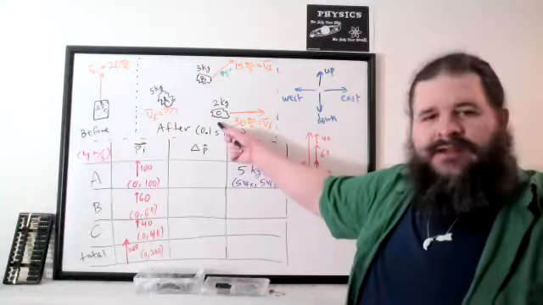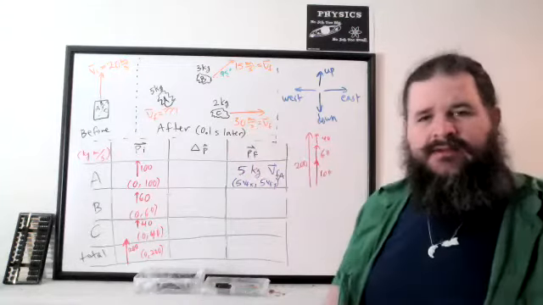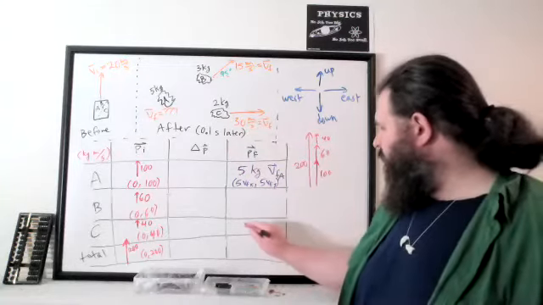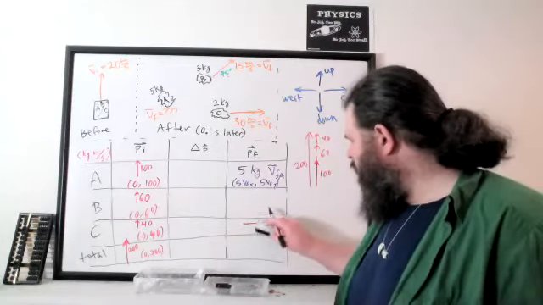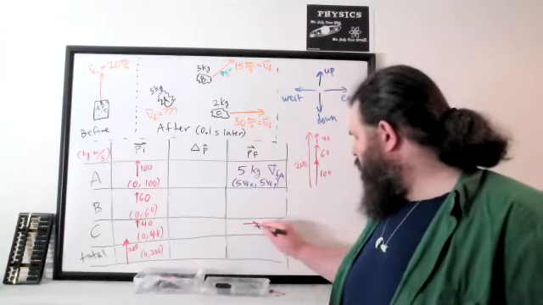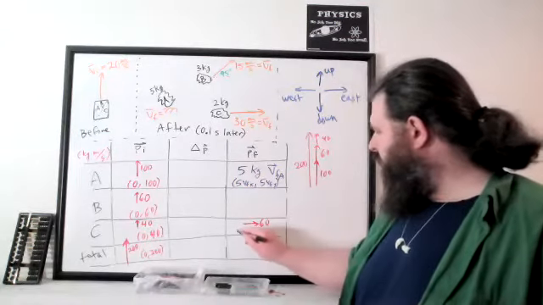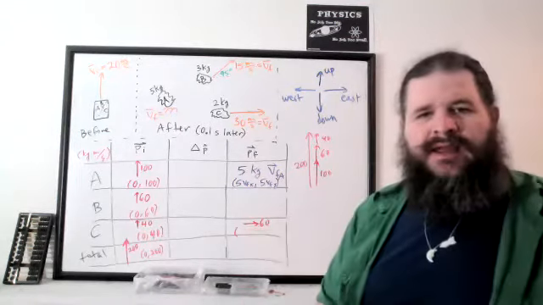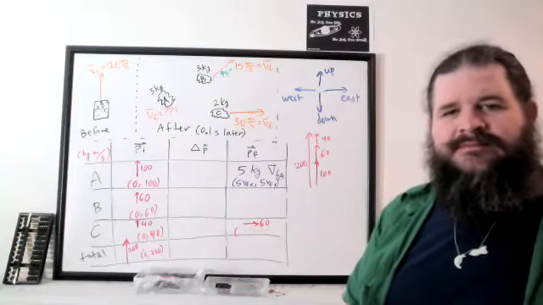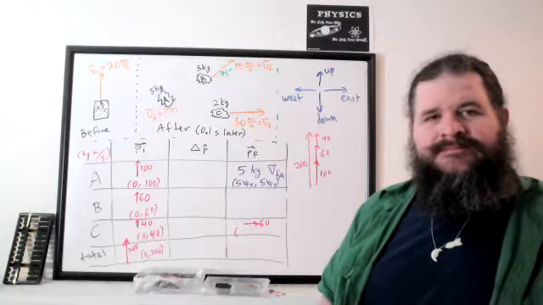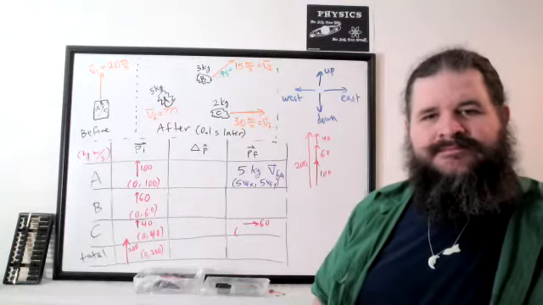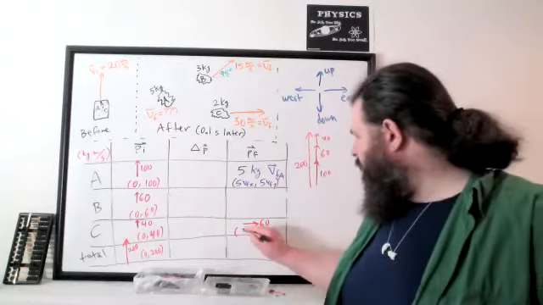So 2 kilogram object times 30 meters per second, so that'll just be 60. So 60 due east. So what would that look like in terms of components? Yeah, 60, 0.